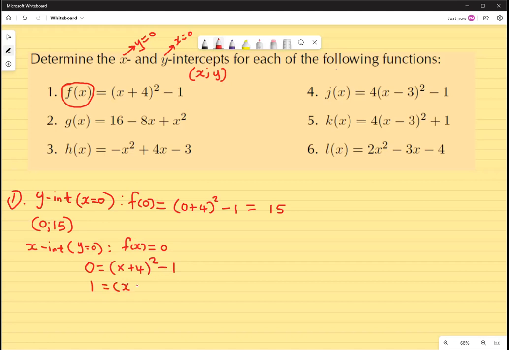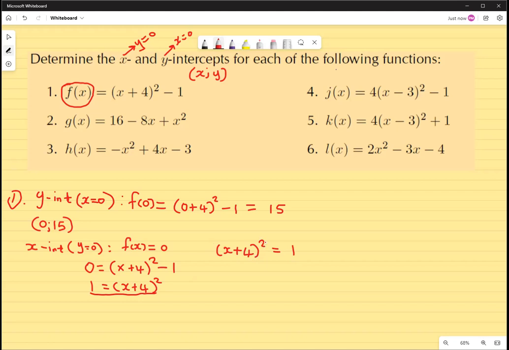So which is (x plus 4) squared. And I prefer to put the one that I'm solving on the left. So I'm going to write it as this. So this equation and this one are the same. Do you see it? Just swap the left and the right.